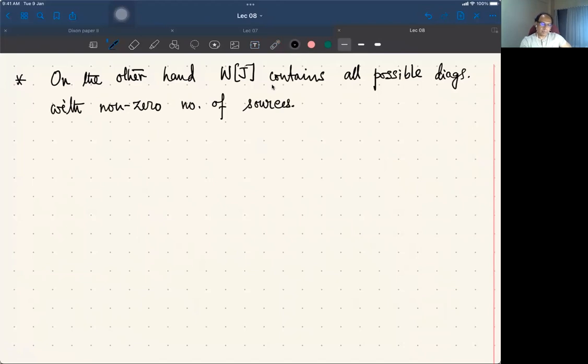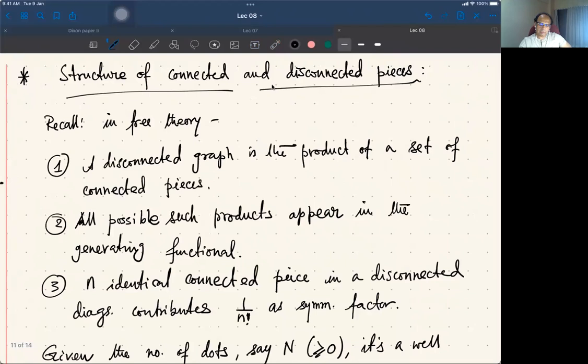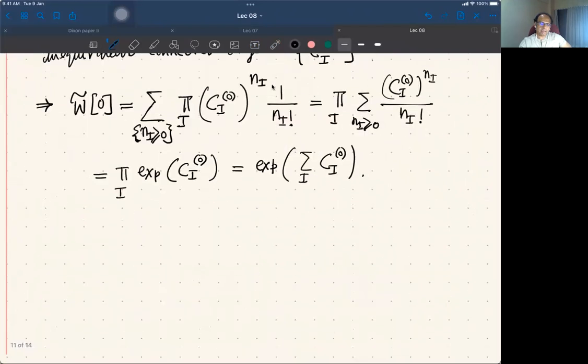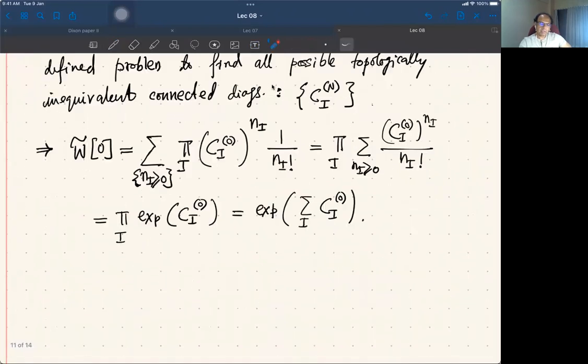Right? So then WJ, what is the form that WJ should have? So this is for J, number of J equal to 0. Number of J equal to 0 means only the vacuum diagrams can contribute there. I mean, in each component i, only the vacuum diagrams can contribute.